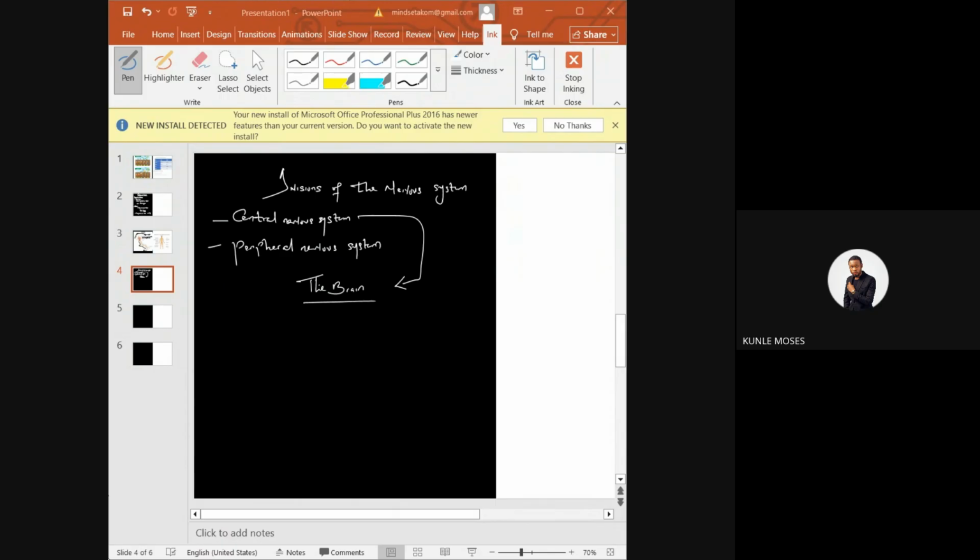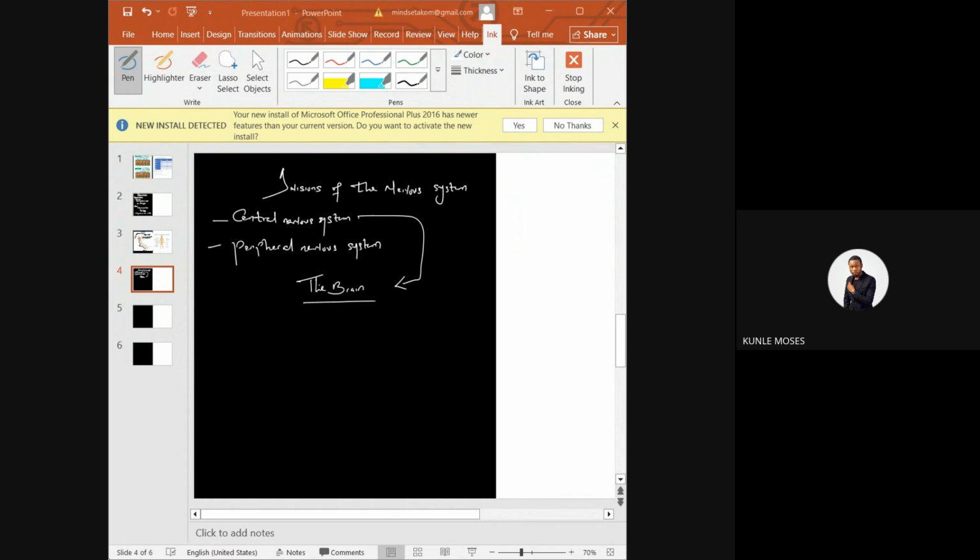So the PNS, the peripheral nervous system, consists of all nerves outside the brain and the spinal cord. Full stop. It consists of all nerves outside the brain and spinal cord.